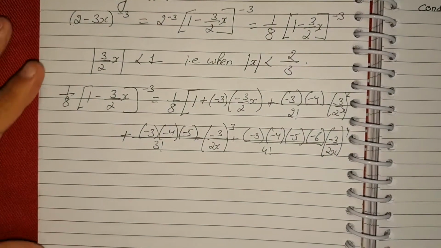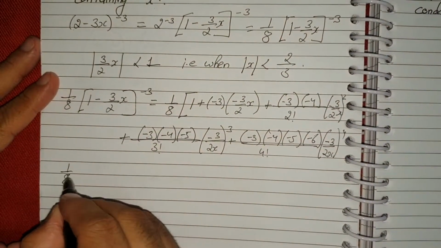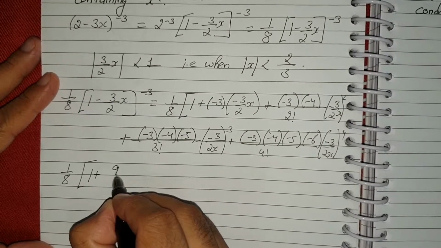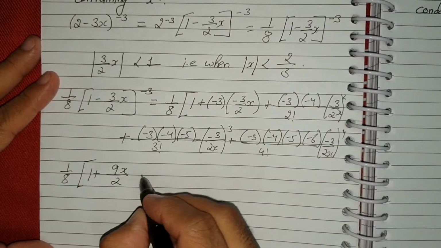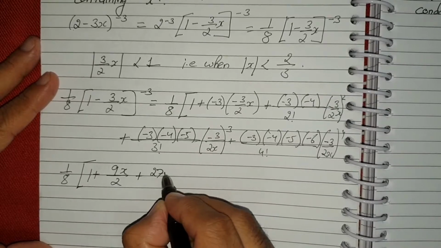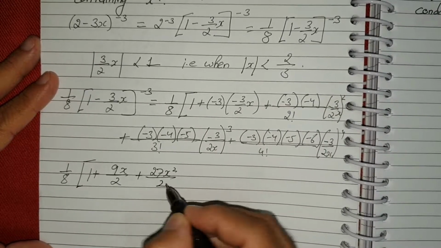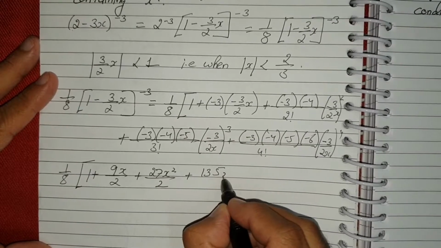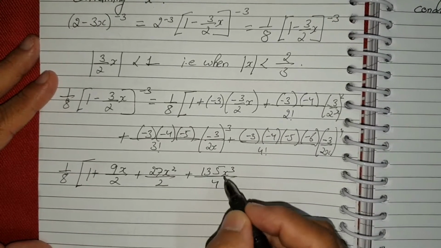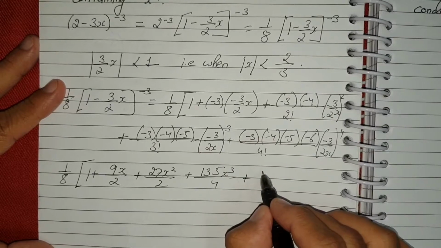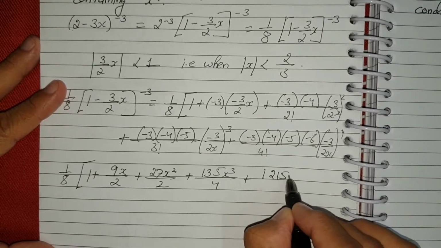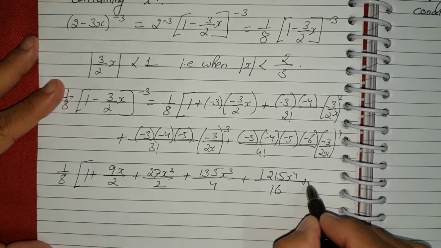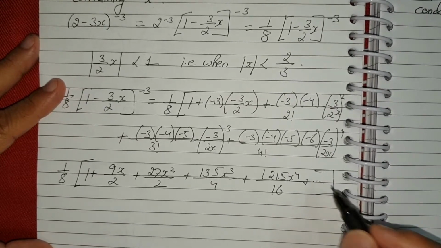On multiplying these terms you will get 1 by 8, this will be 1 plus 9x by 2 plus 27x square by 2 plus 135 x cube by 4 plus 1215 x to the power 4 by 16, and so on.